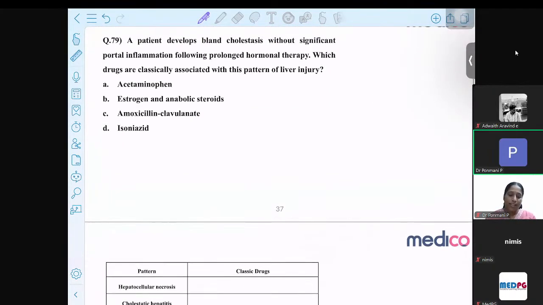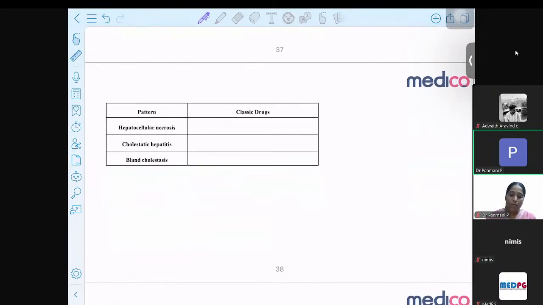Now let us move into the next question. A patient develops bland cholestasis without inflammation following a prolonged hormonal therapy. Which drug is classically associated with this pattern of liver injury? So the liver injury which is caused by drugs can be classified into 3.